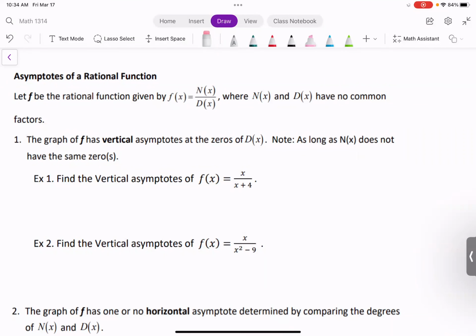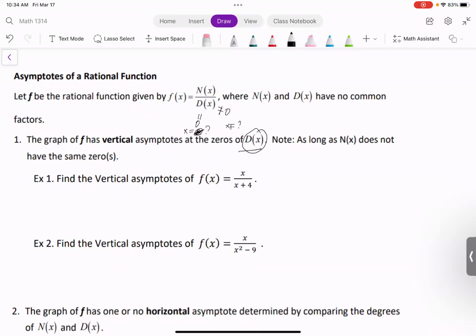Number 1, the graph of f has vertical asymptotes at the zeros of d of x. So let d of x equal 0. We have learned that for the domain, the bottom is not equal to 0, so x is not equal to some specific value. But now we're looking for the vertical asymptotes. Let the bottom equal 0 and x equal to that number. Maybe it's not 0, so a question mark.